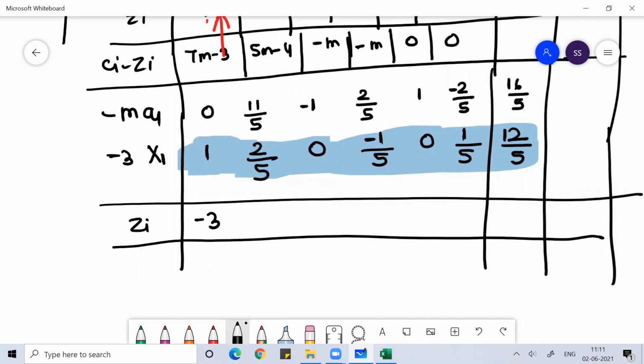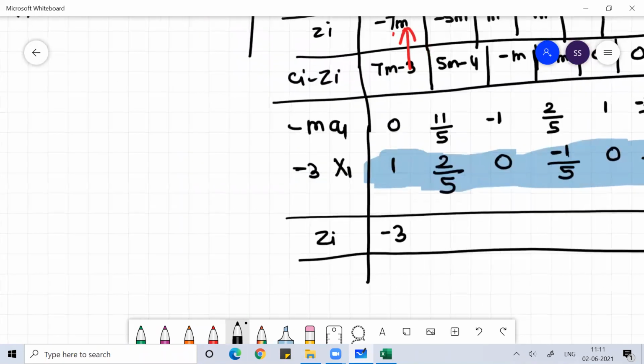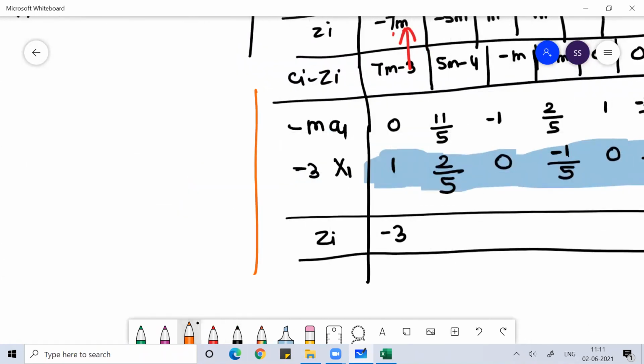Then minus M into 11 by 5 is minus 11M by 5, and minus 3 into 2 by 5 is minus 6 by 5. So how much do you get? Minus 11M minus 6 by 5.